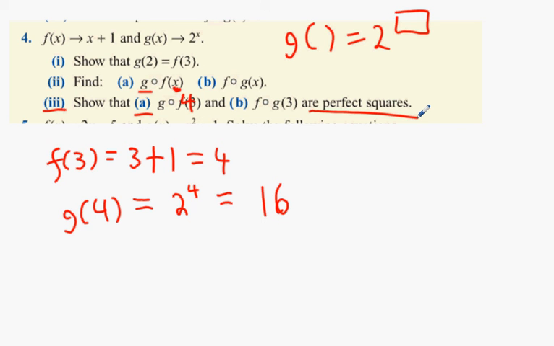So 4, 9, 16, 25, 36, 49. Pick any number from 1 to 10, then multiply it by itself. 8 by 8, 64. That's a perfect square. No, not talking about the shape. We're just talking about the number. Okay.